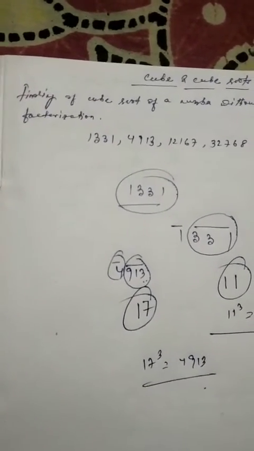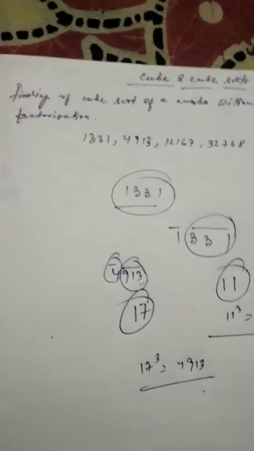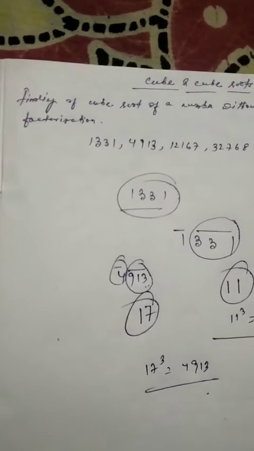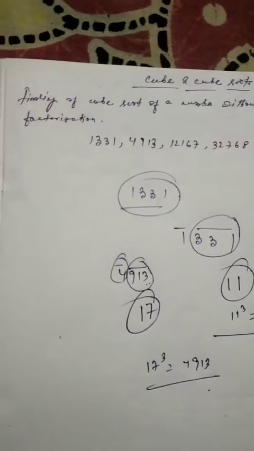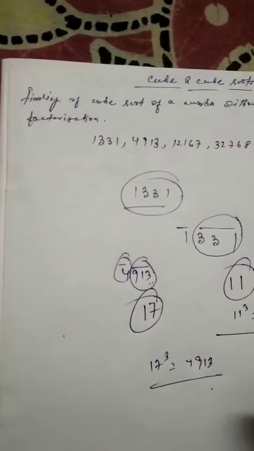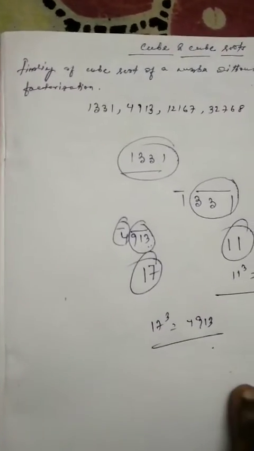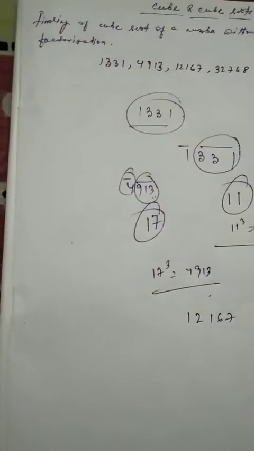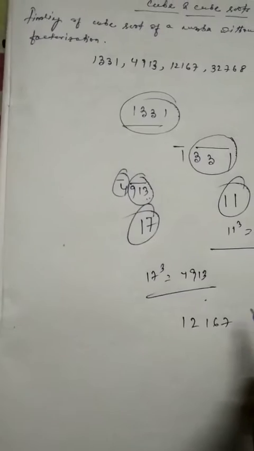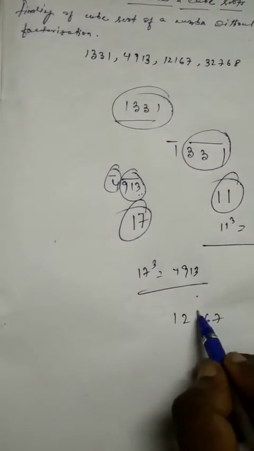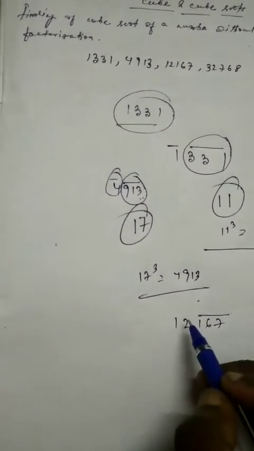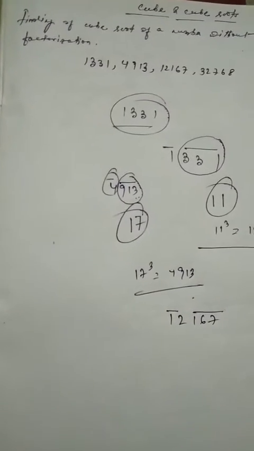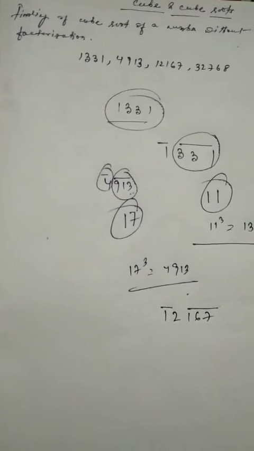This is a method by which we find the cube root of a number without performing prime factorization. So the next number is 12167. My first 3 digits group is 167. Next group is 12, because it is of 2 digits, doesn't matter.